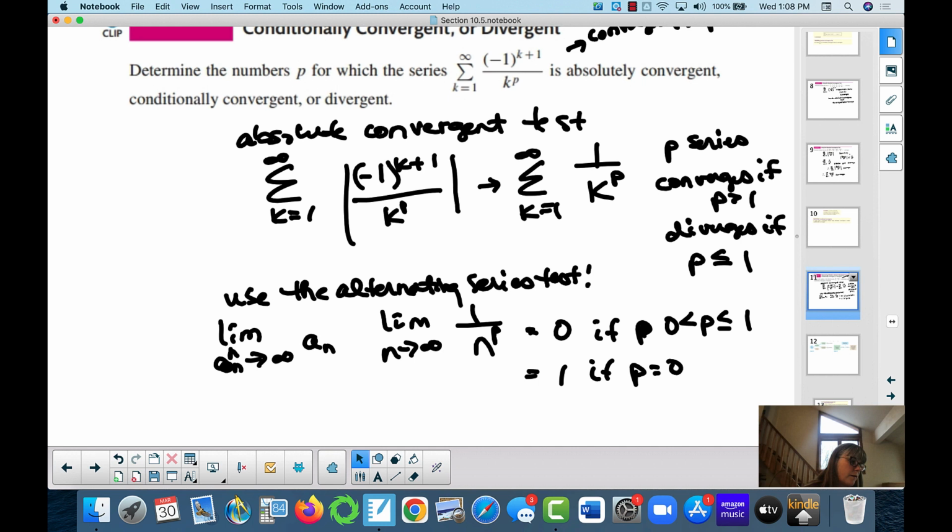If p is between 0 and 1, so p is a positive number, then we're going to have 1 over a bigger number, and so that's 0. And then if p is less than 0, this goes to infinity. That limit is infinity.